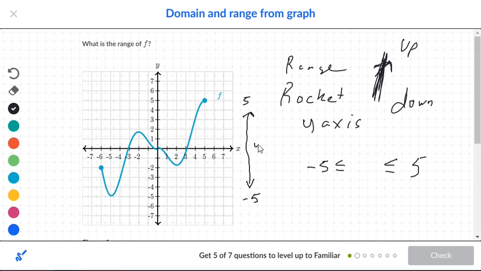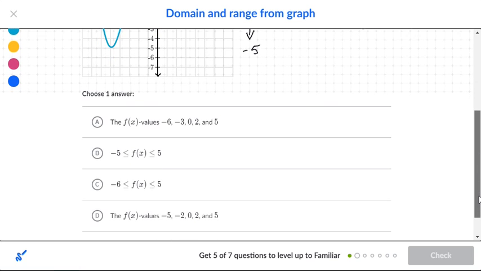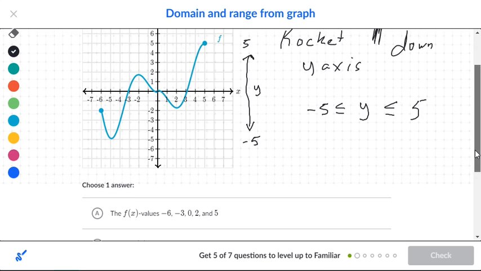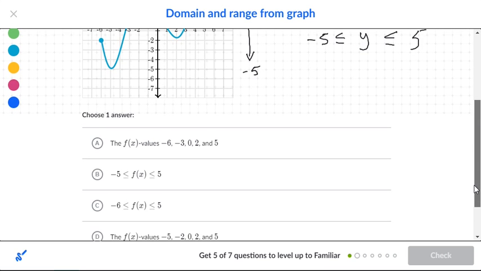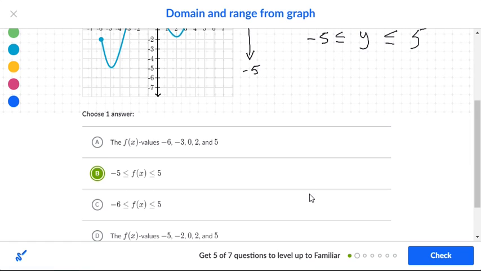Since we're going up or down, it's going to be the y-axis. My lowest level is -5 and the high point is 5. We have solid dots, so our inequality signs are going to be solid. If we look at our choices, we can definitely see that B would be our choice.